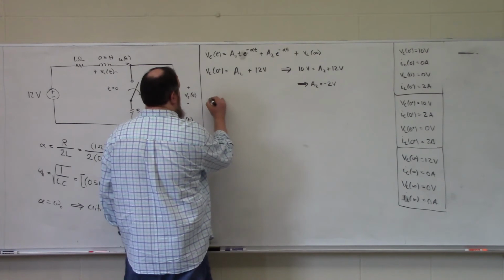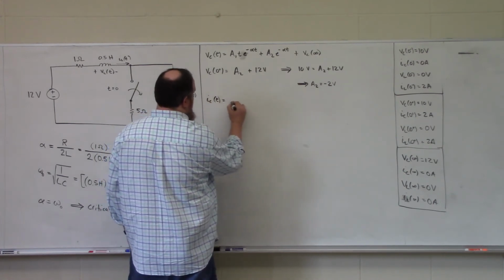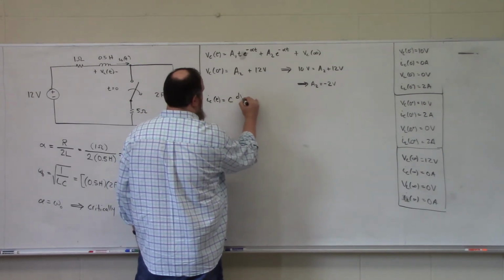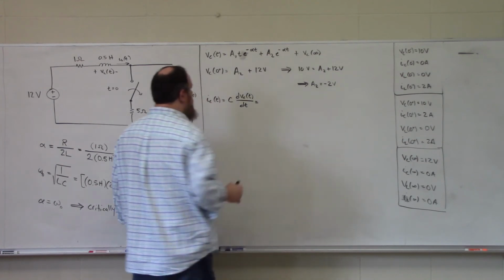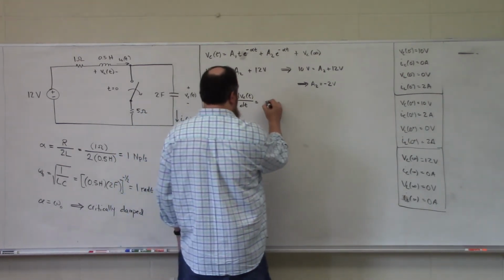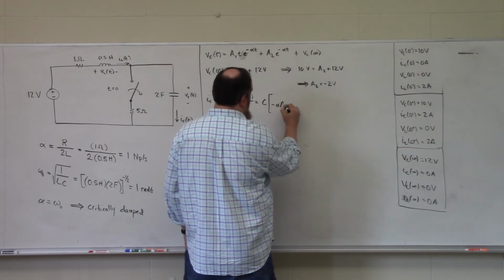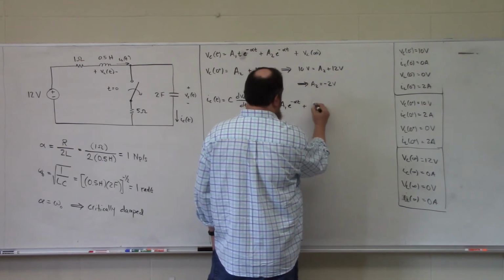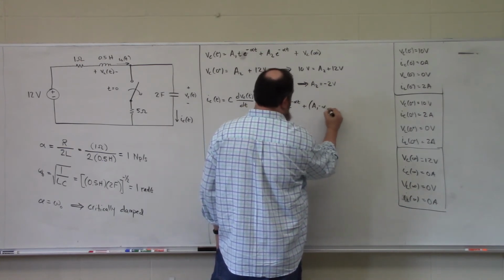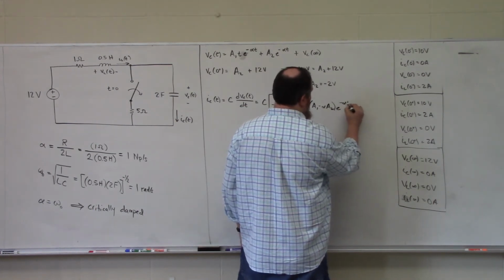Our capacitor current, IC of t, will be of the form C dV by dt, which will give us C times negative alpha A1 e to the minus alpha t plus A1 minus alpha A2 e to the minus alpha t.